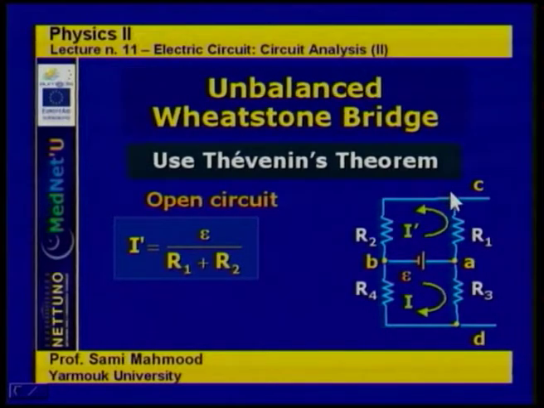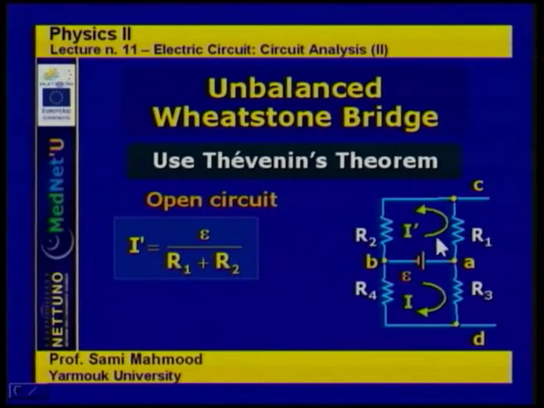Remember that the potential difference VCD between C and D in the open circuit geometry is the Thevenin's electromotive force. So in order to determine VCD, we have to calculate I prime and I.